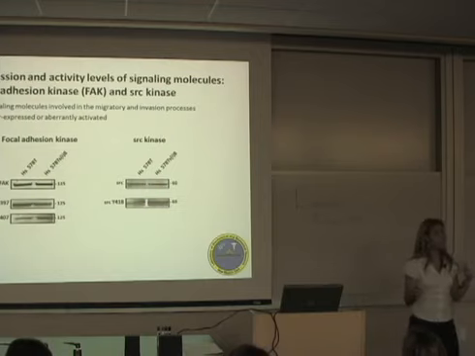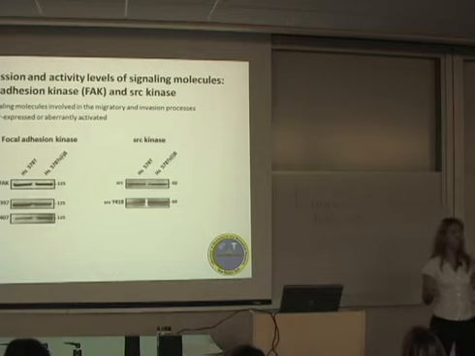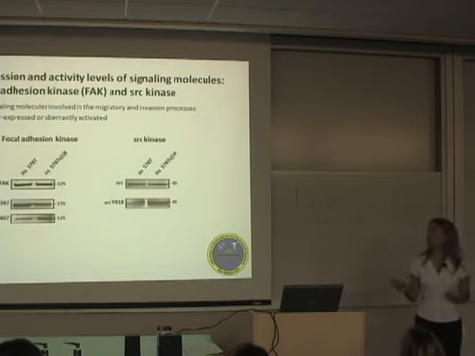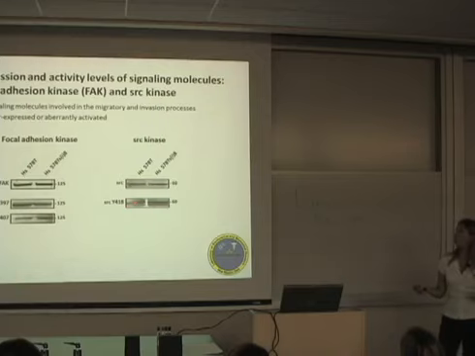But when we look at the activated forms, we observe that the focal adhesion kinase activated at the tyrosine residue 407 is abnormally activated in the invasive cell line. And if we look at the Src kinase, we also see that the Src kinase activated at the tyrosine residue 418 is abnormally activated in the invasive cell line as well.